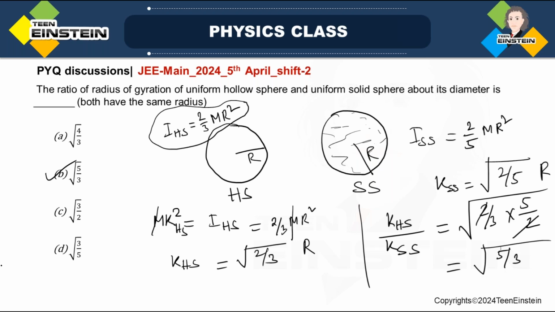So my advice is that please remember the moment of inertia of various symmetrical objects like cylinder about its own axis, about an axis passing through the perpendicular bisector.